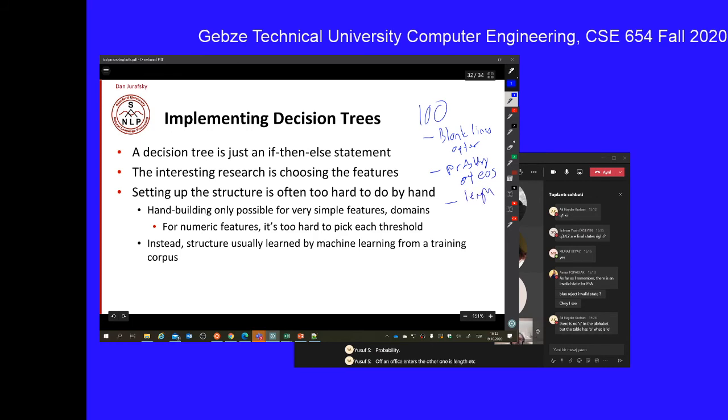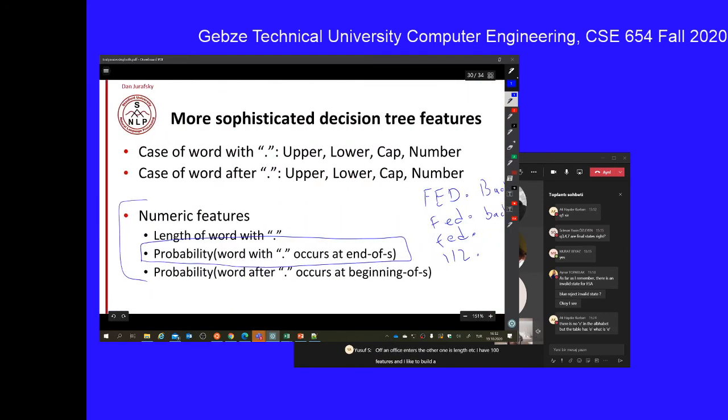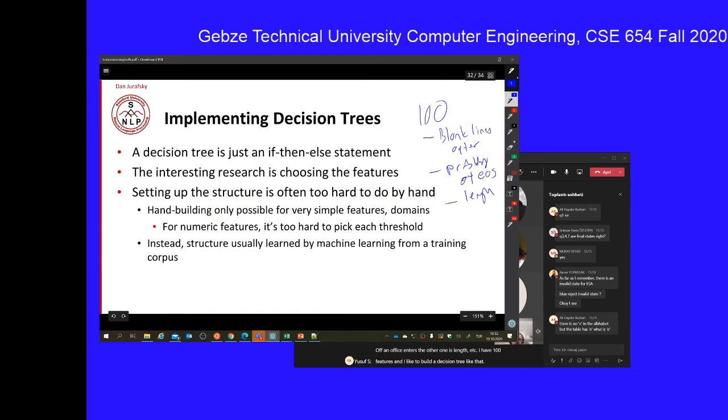I have 100 features, and I'd like to build a decision tree like that to segment the sentences. But the thing is, how am I going to find the first question at the top?